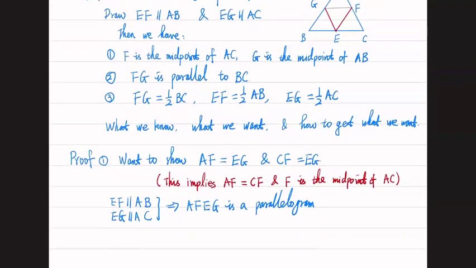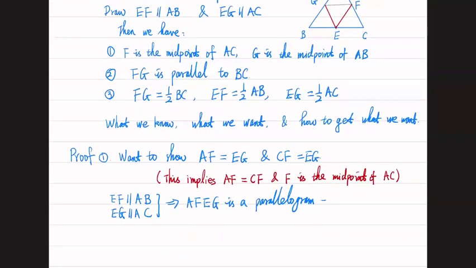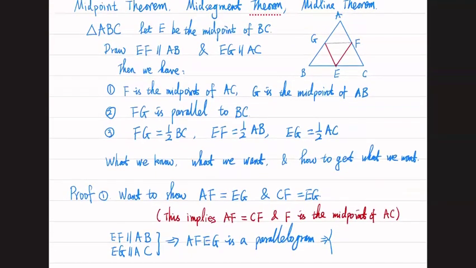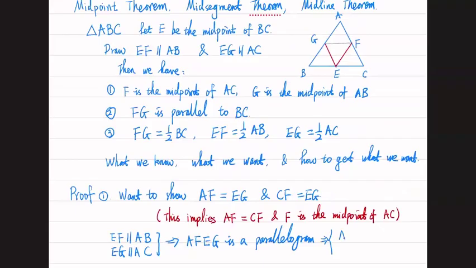This implies AF equals EG and AG equals EF. Okay, we obtained the first part.